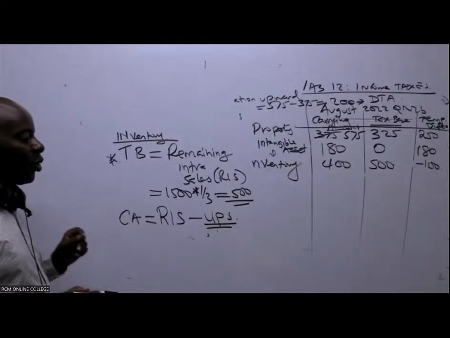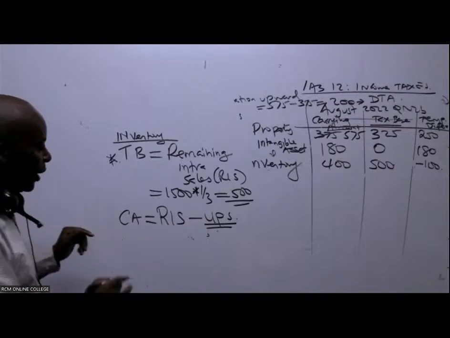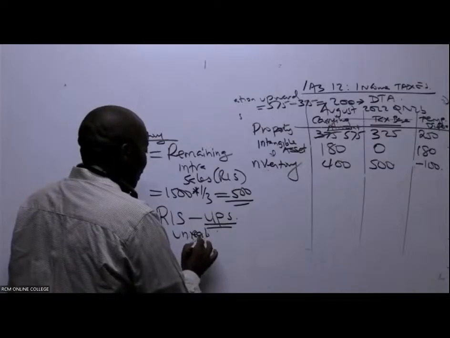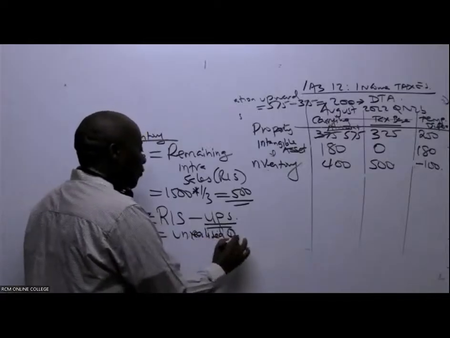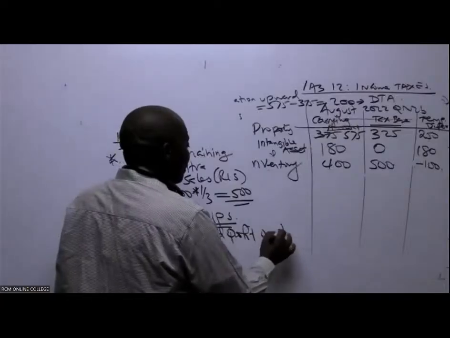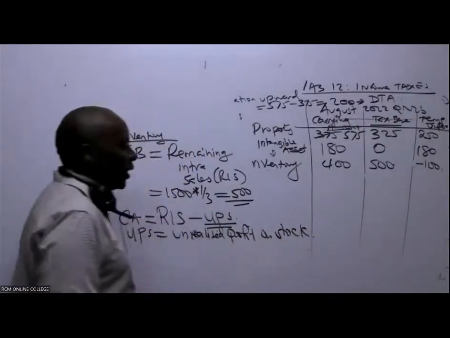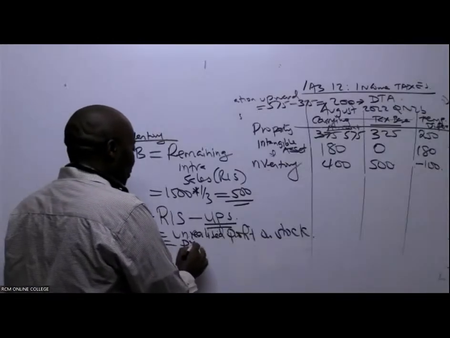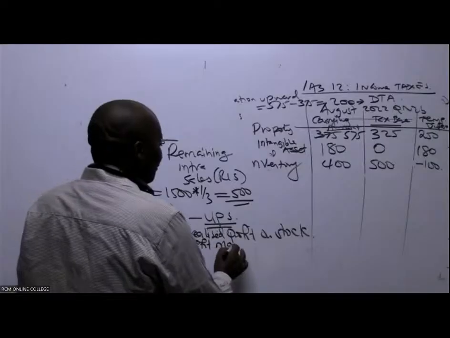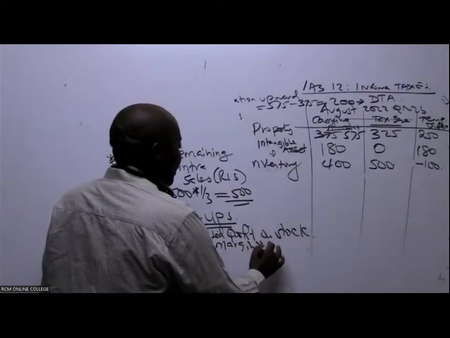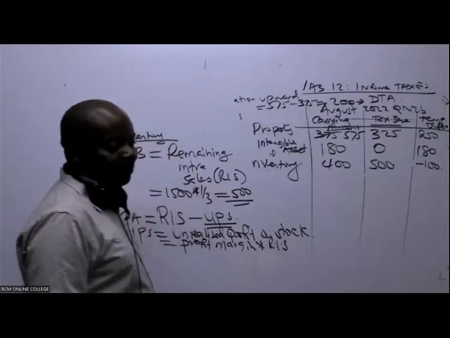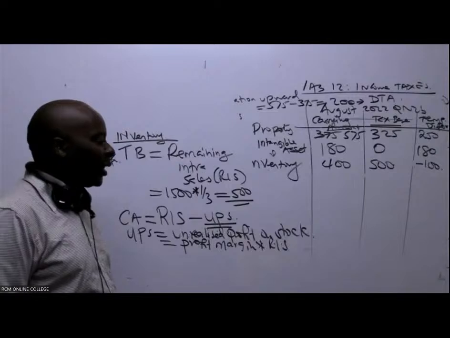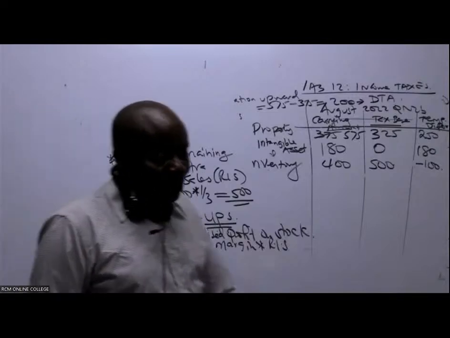Unrealized profits on stock. Please write this in full. This UPS is unrealized profit on stock. And how do we calculate this UPS? It's very easy. You take the profit margin times remaining intra-sales. The profit margin has been provided in this question.